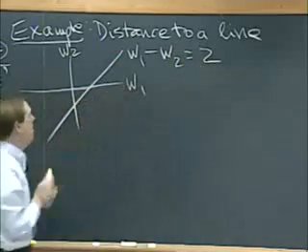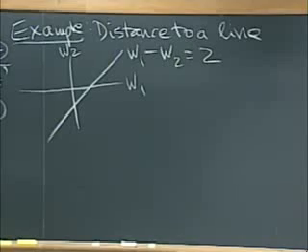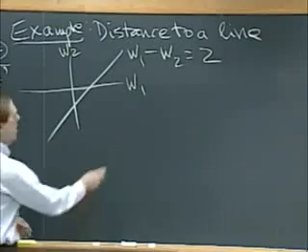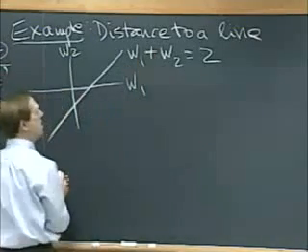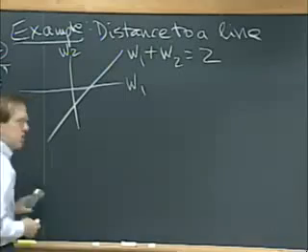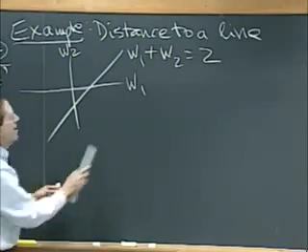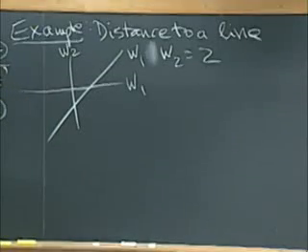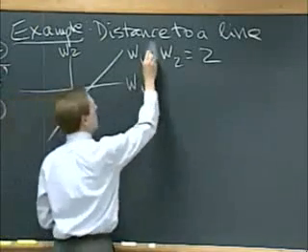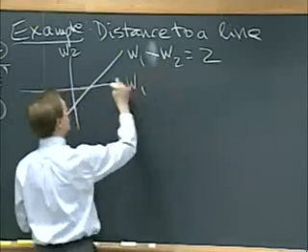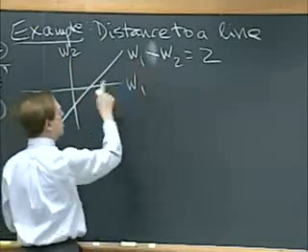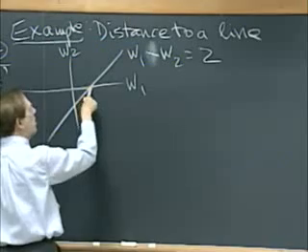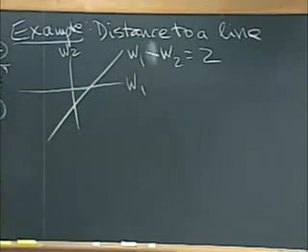Does that seem a conceivable equation for what I've drawn there? Or should it be a plus? Minus looks better. Was it reasonable that when W2 is 0, W1 is 2? That's reasonable. And when W1 is 0, yeah, thanks. That's fine.